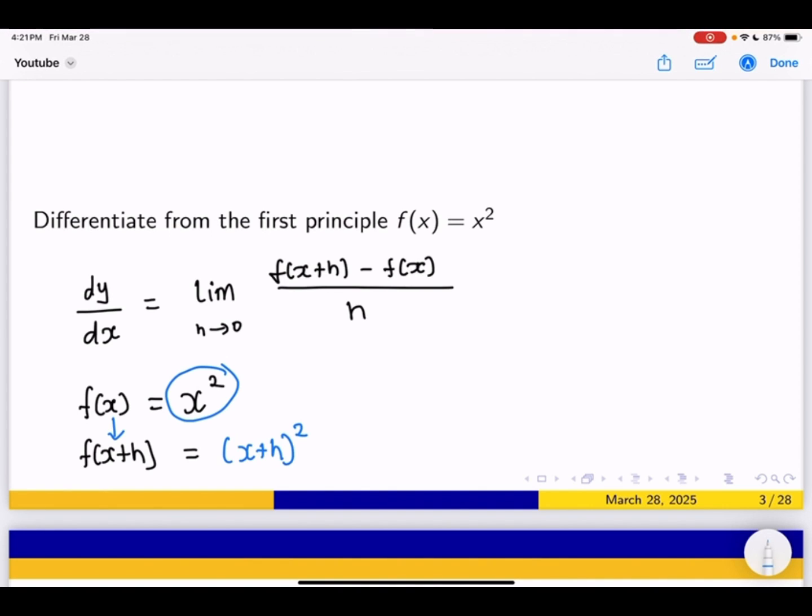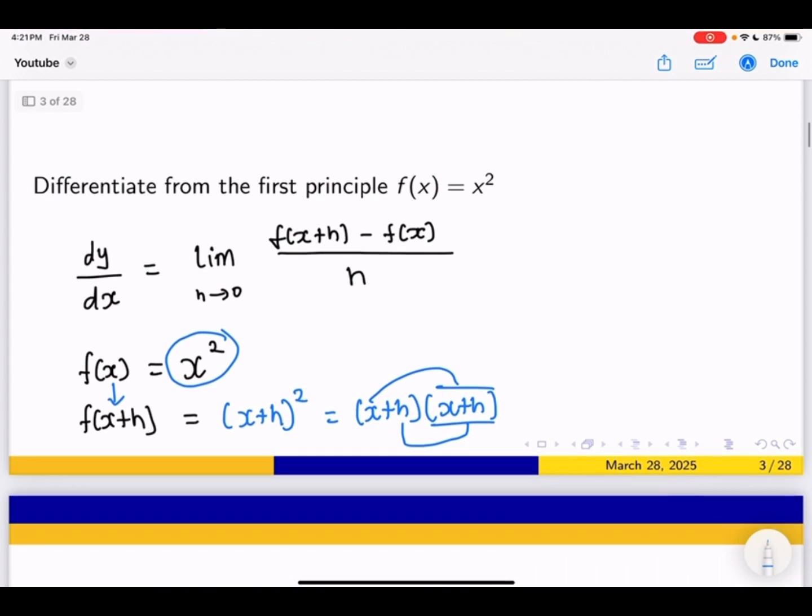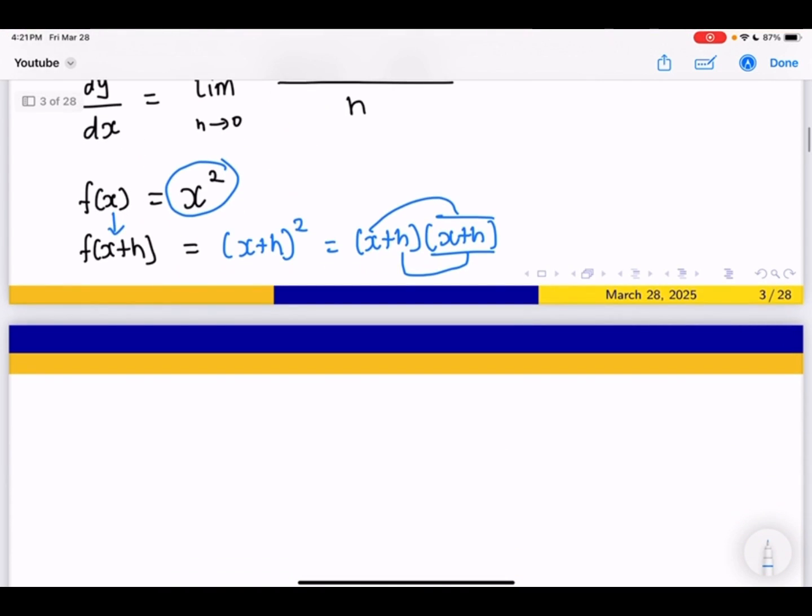So now let's expand. This means that x plus h multiplying itself twice, and by binomial expansion x will multiply this guy and h will also multiply the whole of this guy. So we are going to have f of x plus h equal to x plus h multiplying x plus h.